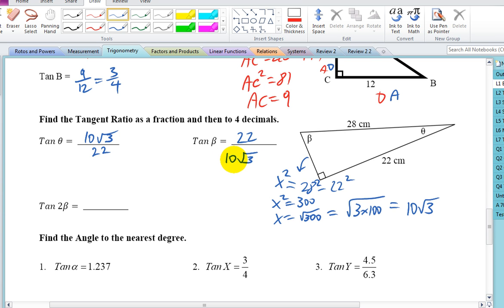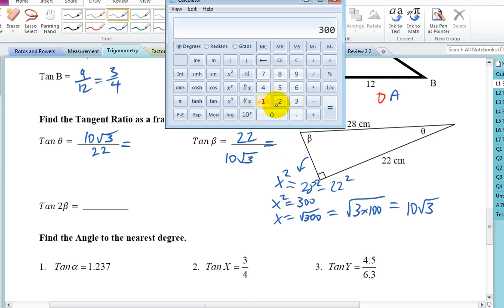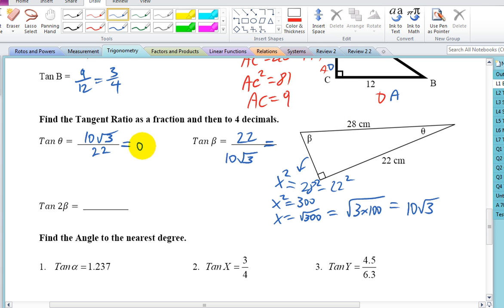Is it okay to show up with decimal points? Yeah, now you go to your decimal place. So, right, they like them as fractions first, and then they go to your decimal. So it'll be square root 300 divided by 22, 0.7829.